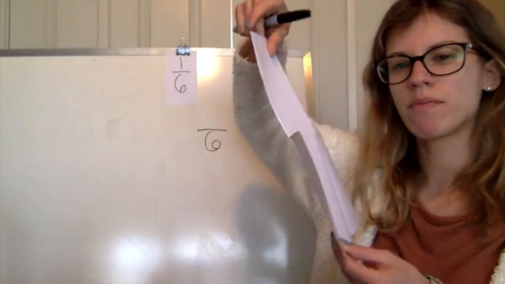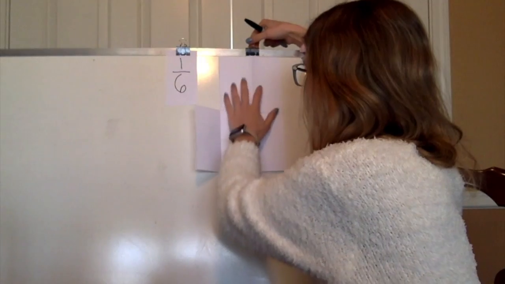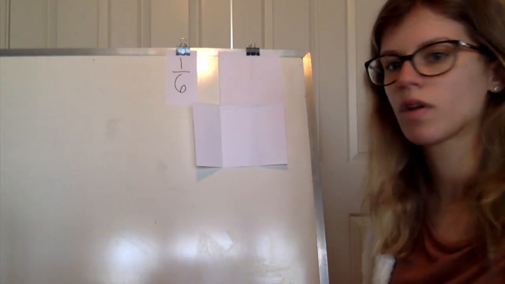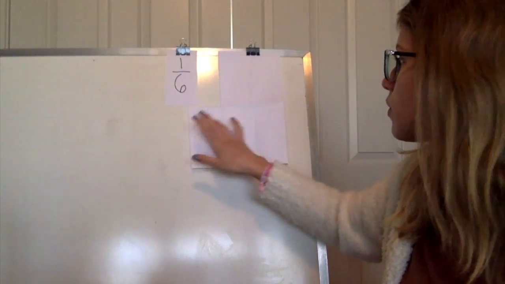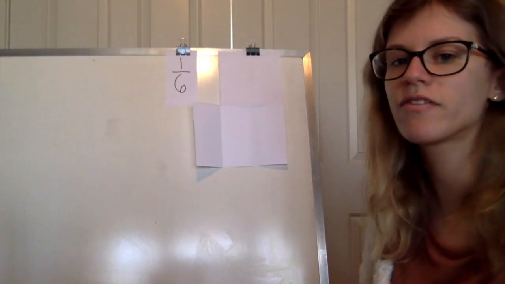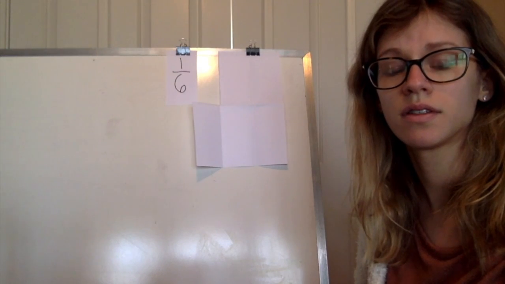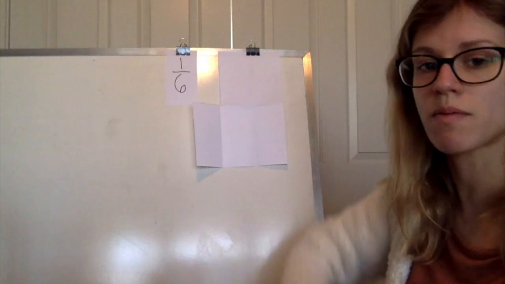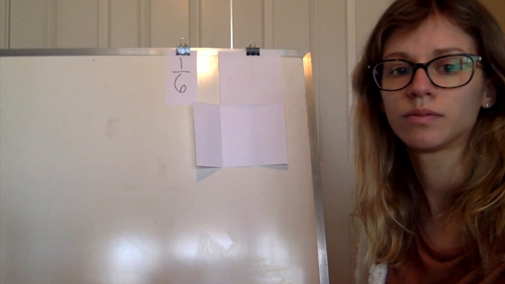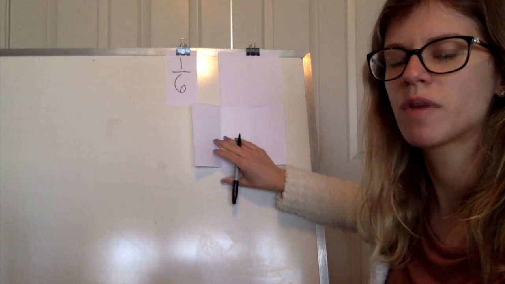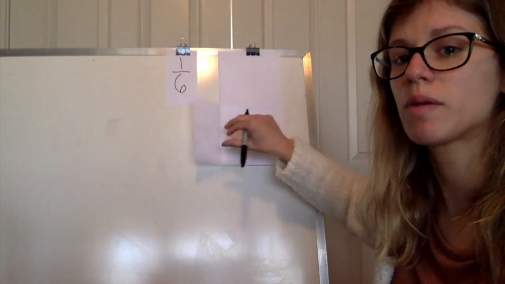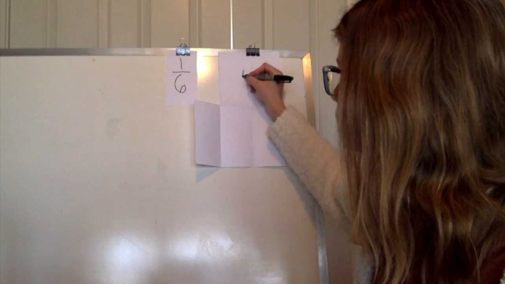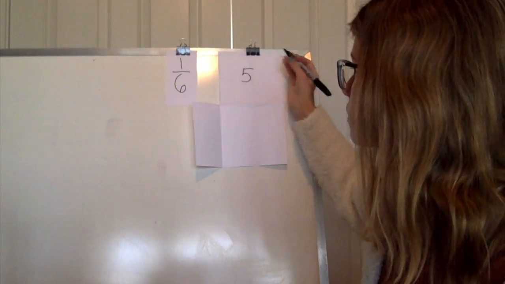How much of my paper is left? I have 1, 2, 3, 4, 5 parts left, but there were 6 total parts that make up that whole. How much of my paper is left here? 5 parts.